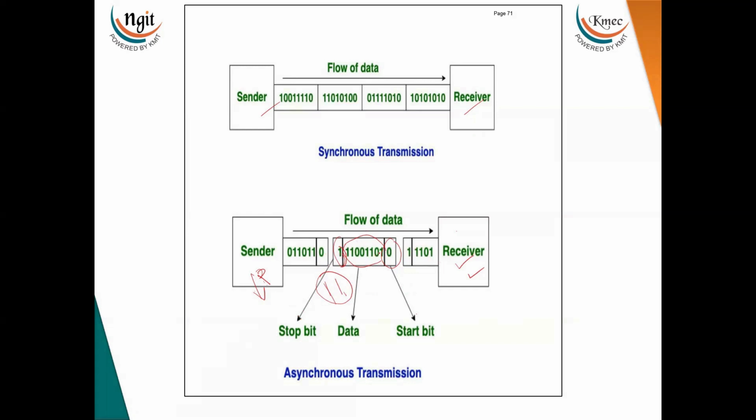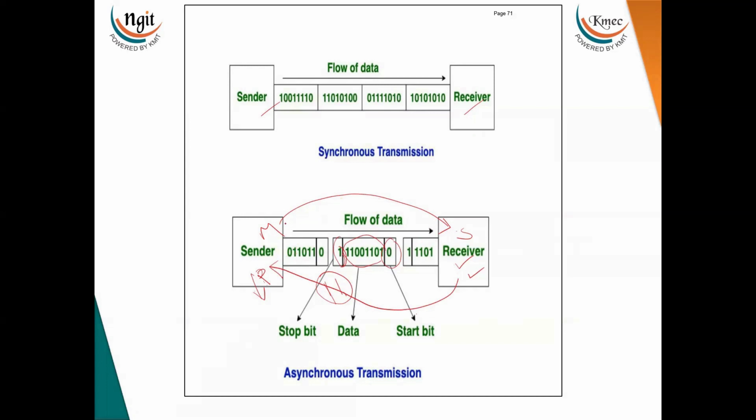Now, before sending the data like this, this is the master and this is a slave. The master will send one signal to the slave that now the master is ready for the data transmission. After receiving the signal, the slave will also send one acknowledgement signal to the master, and with that the data transfer takes place.